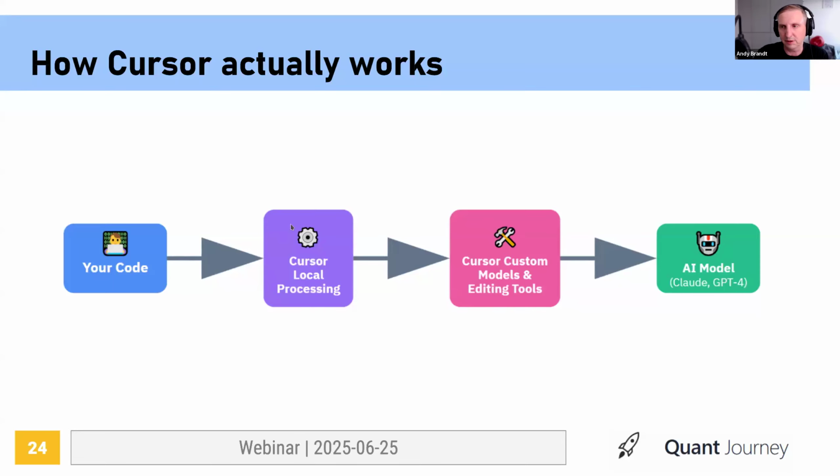So Cursor, as an editor, collects the context from the files, and then it sends that to Cursor servers, and they have custom models and editing tools that work there. And only after they do some magic with your code, it all goes as one huge prompt to the foundational model and then goes back.